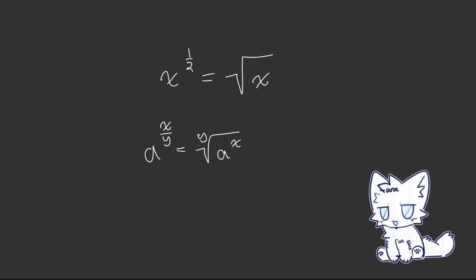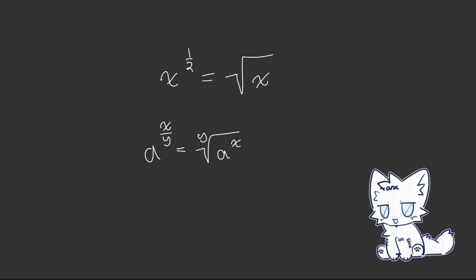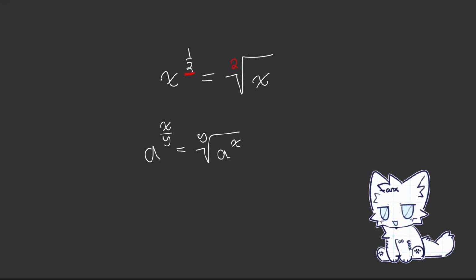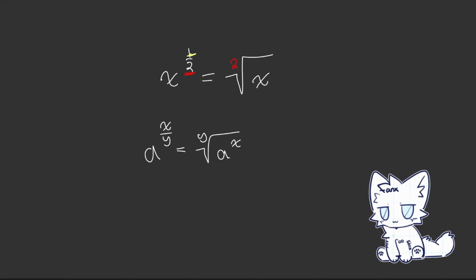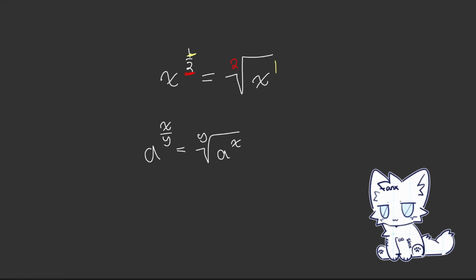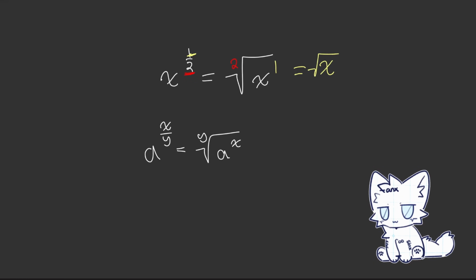So we can see here by looking at the components, y is equal to 2 in this situation. So the second or square root, and then this one is equal to the x. Oh, sorry, so that is just 1. So this is just equal to the square root of x.